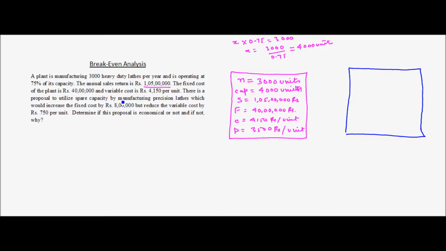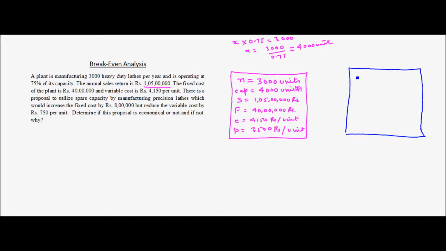So there is a proposal to utilize the spare capacity. So currently only 75% of its capacity is being utilized, and the proposal is to utilize the remaining capacity as well by manufacturing precision lathes, which would increase the fixed cost by rupees 8 lakh but reduce the variable cost by rupees 750 per unit.